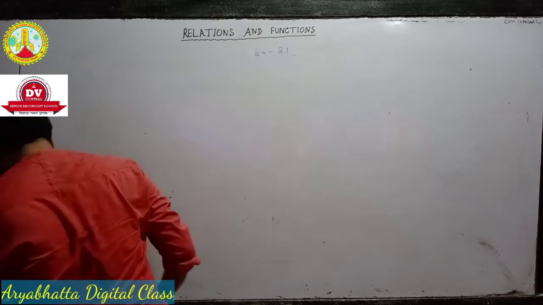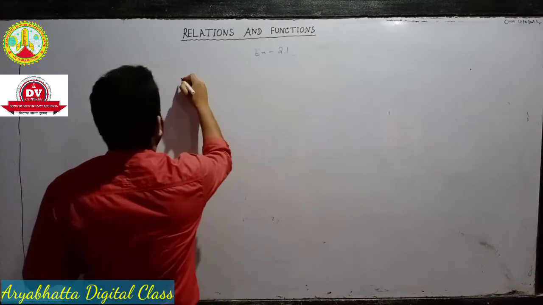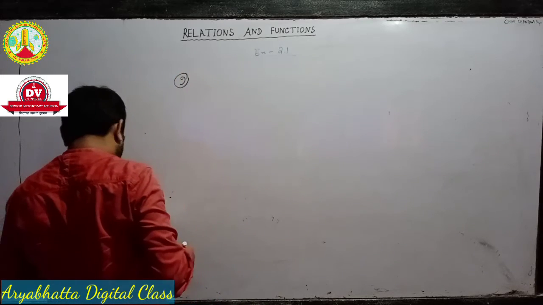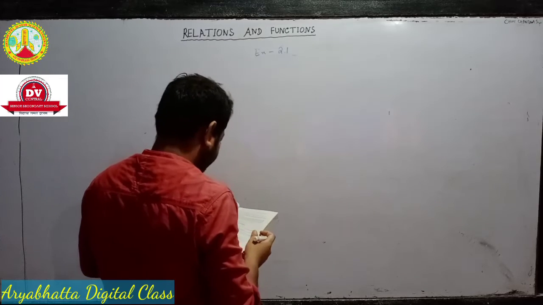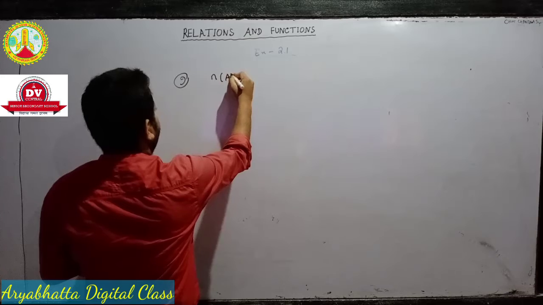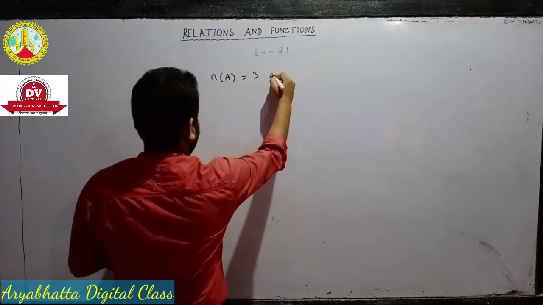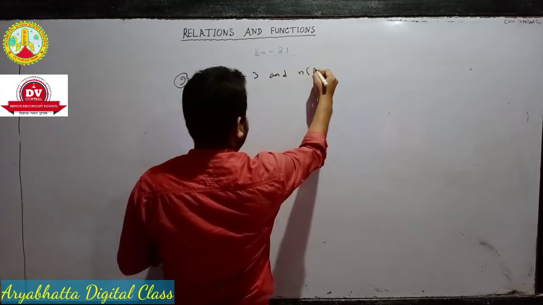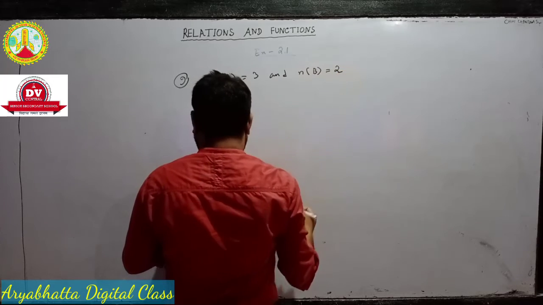Next, question number 9. Let A and B be two sets such that n(A) is equal to 3 and n(B) is equal to 2.